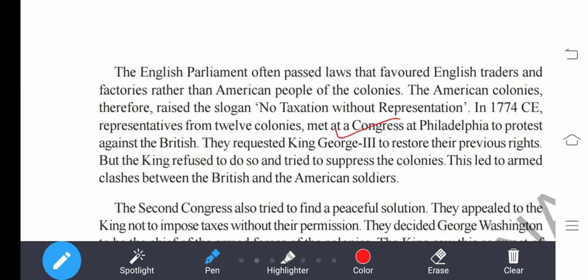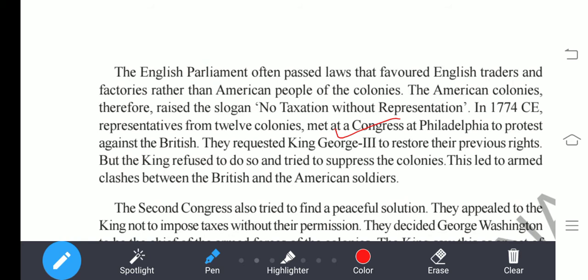So in this way, a struggle started between the British soldiers and American soldiers. The king, who had to consider the request of the American people, started suppressing the people of 13 colonies. How is it correct?